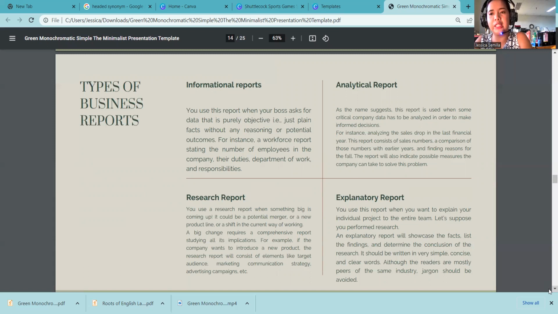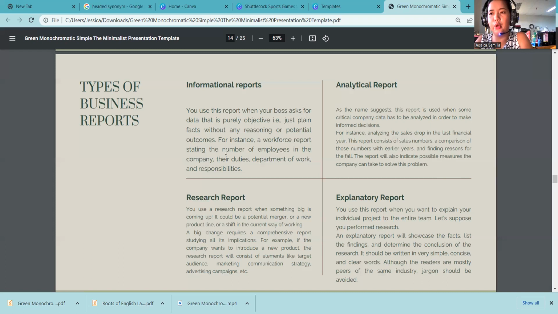For example, a workforce report stating the number of employees in the company, duties, department of work, and responsibilities. So more or less, an informational report is specific information needed to be submitted to the company.